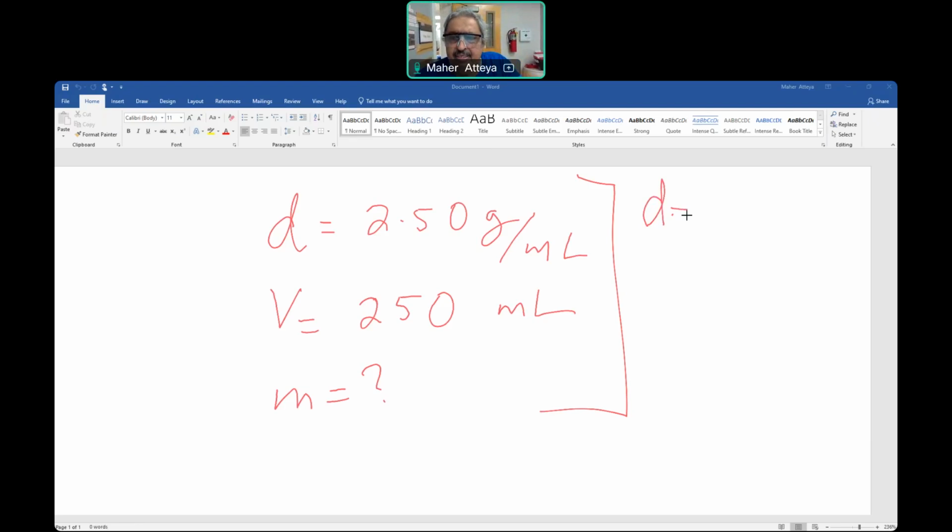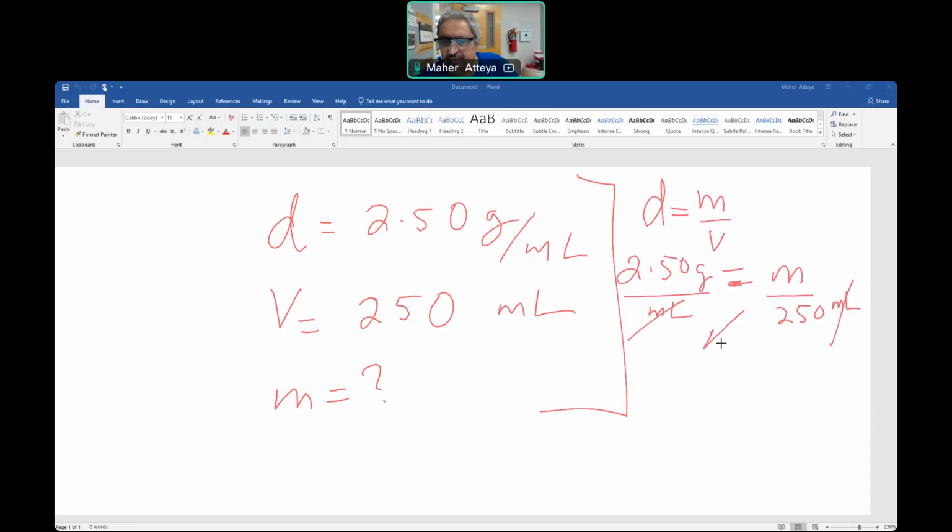D is M over V, mass over the volume. So the density is given to you, 2.50 gram per mL. The mass you don't know. And the volume is 250 mL. The mL cancels with mL.